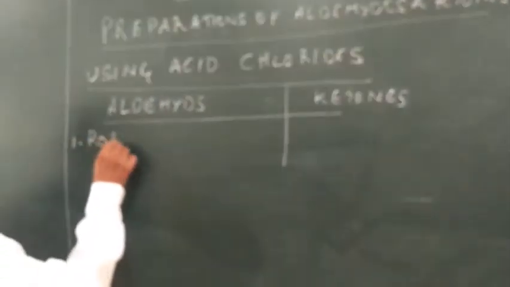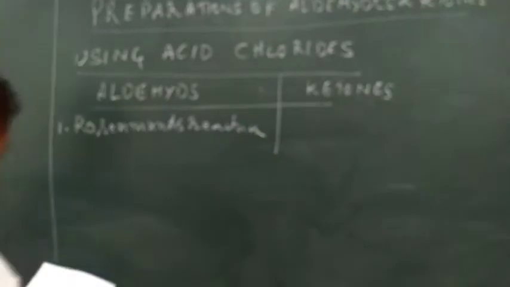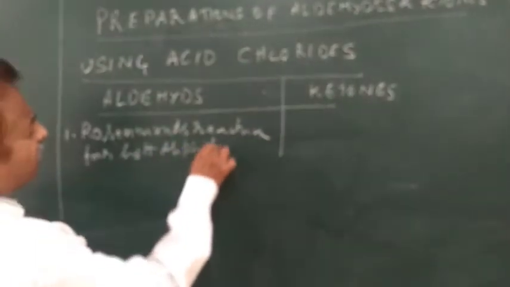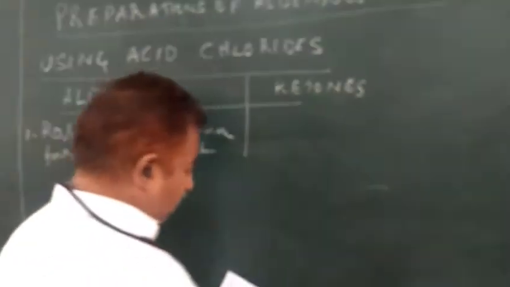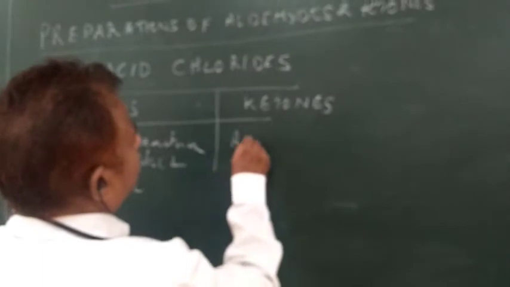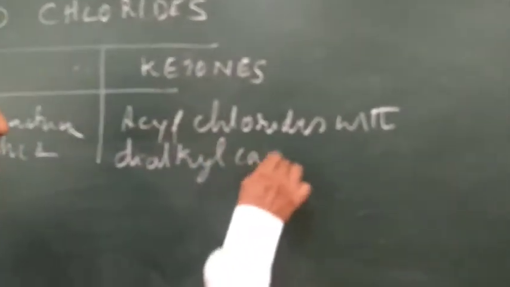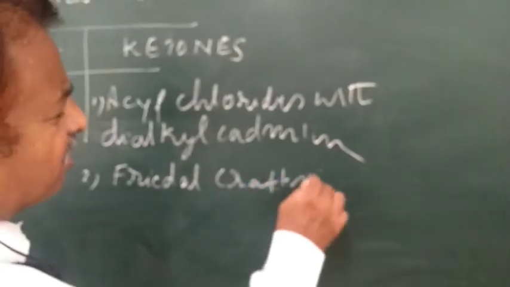First one is Rosenmund's reaction, for both aliphatic and aromatic aldehydes, and for ketones, acyl chlorides with dialkyl cadmium, and the second one is the Friedel-Crafts reaction.